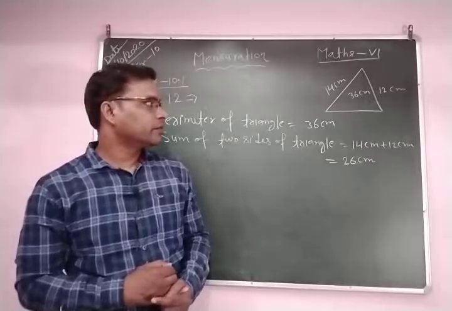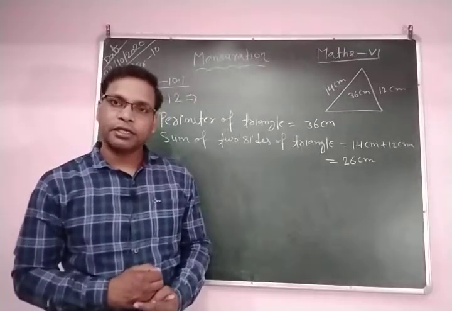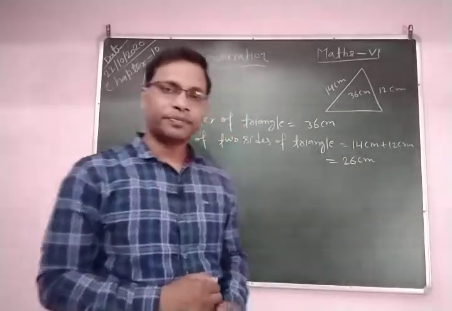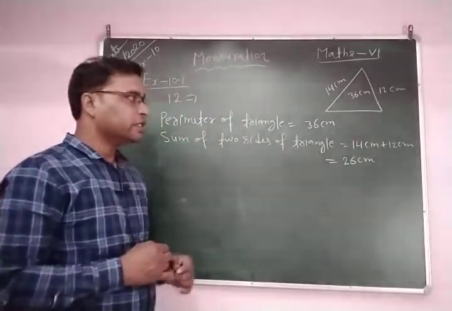Clear? In this question, two sides are given, 14 centimeters and 12 centimeters, and the perimeter of this triangle is also given. Now we need to find the third side.